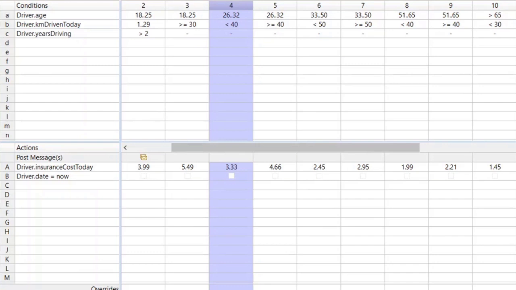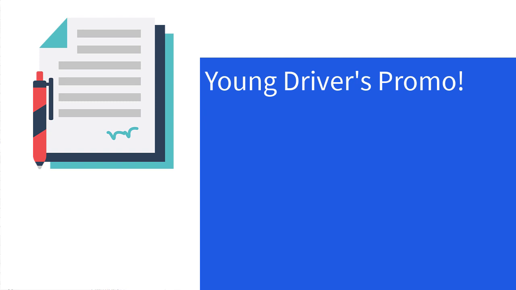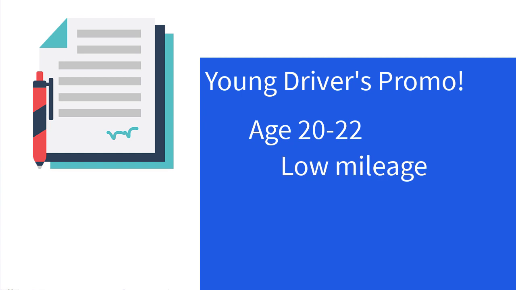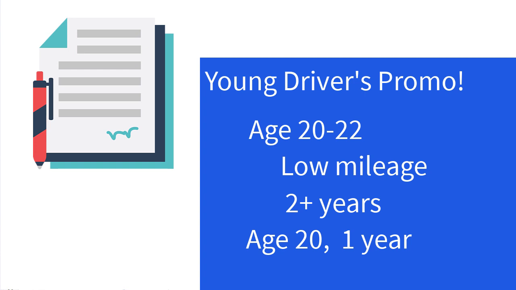So this week, that person is tasked with offering a promotion for young drivers from 20 to 22 who do not drive much every day, but as long as they have at least 2 years of driving experience, we're going to give them a discount. For at least for people who are just 20 years old, we want them to have at least 1 year of driving. So let's go ahead and let's add this rule.